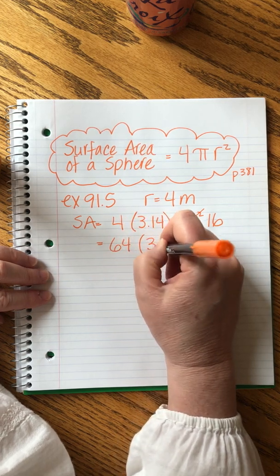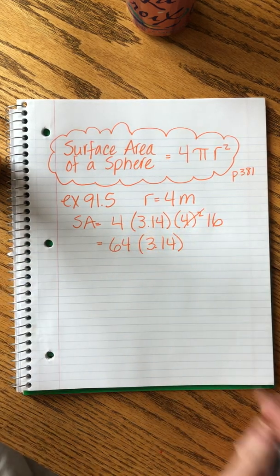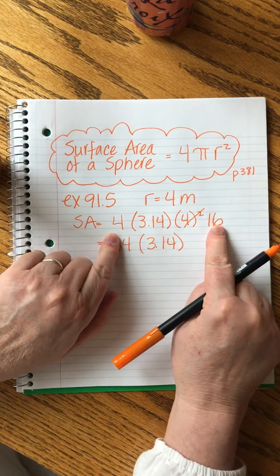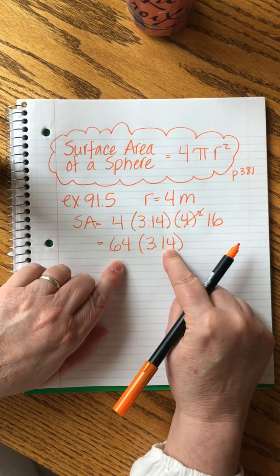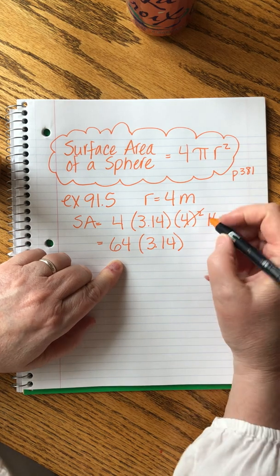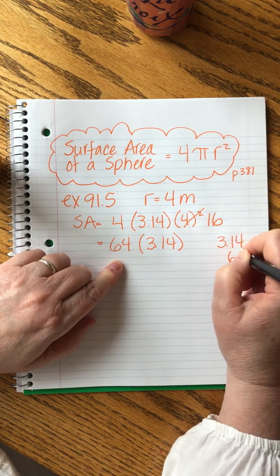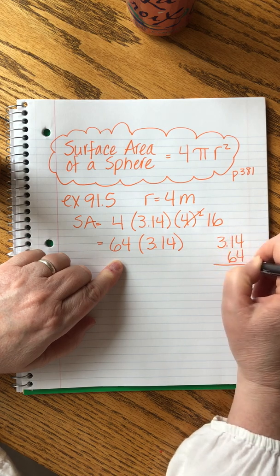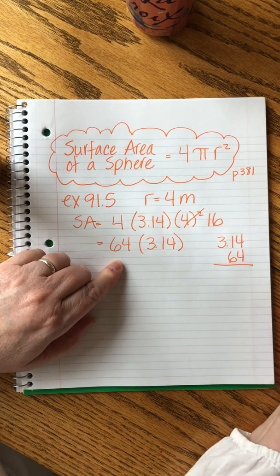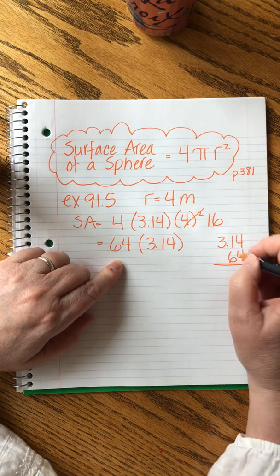So I'm cleaning up all those outside numbers, right? Everything else, I'm cleaning all that up. Then we'll do this last multiplication. 3.14 times 64. And let's see what we get.